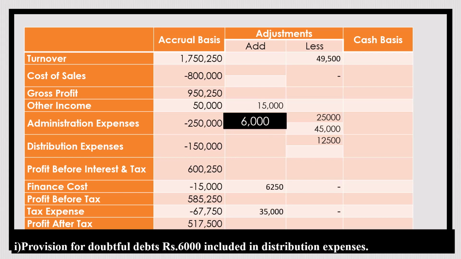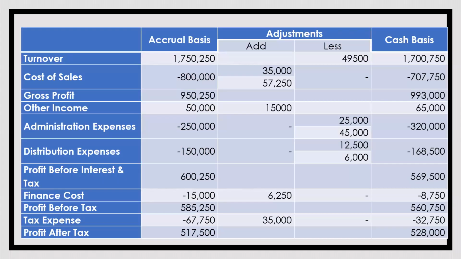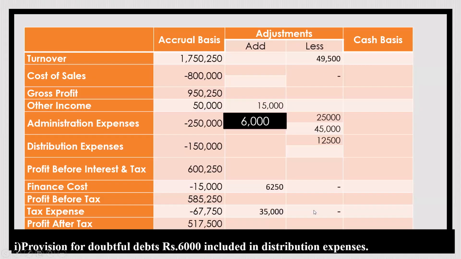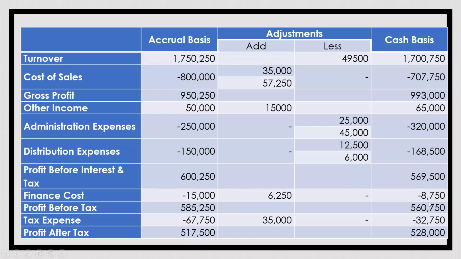Since because of this provision we have already incurred, we are going to add it back into the administration expenses. Sorry, not in the administration expenses. This should go to the distribution expense. So let's see the net impact. Earlier one, this should go to the distribution expense, sorry. It should be credited.